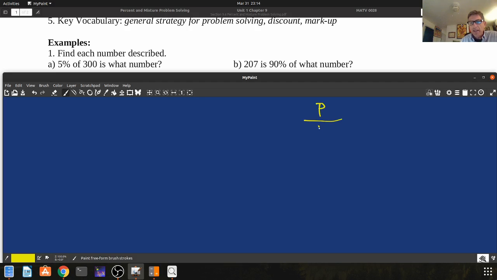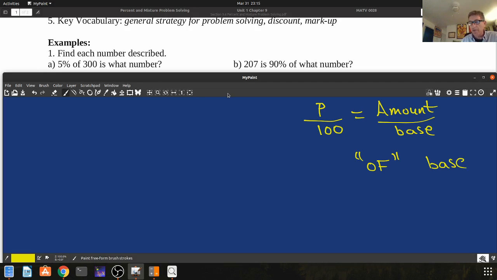P is to 100, the same as the amount is to the base, where P is literally the number in front of the percentage sign. The base, how do I know what number is the base? It's signaled by the word of. What comes after of is the base.